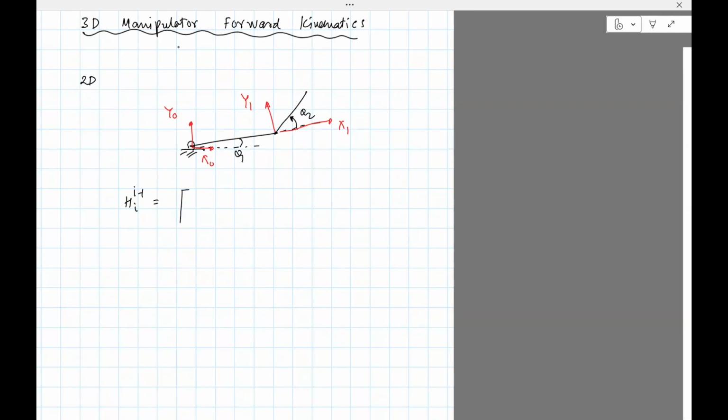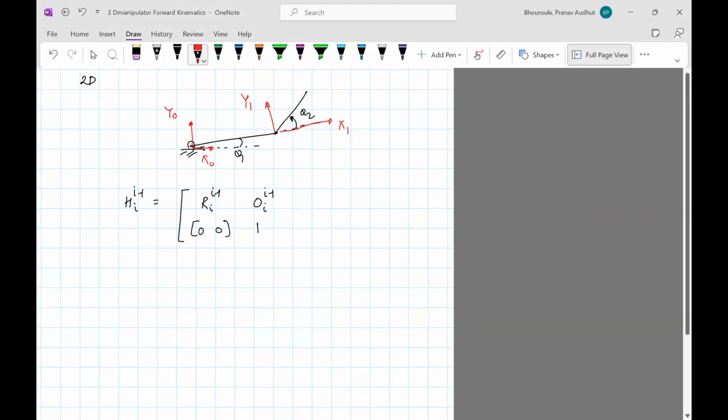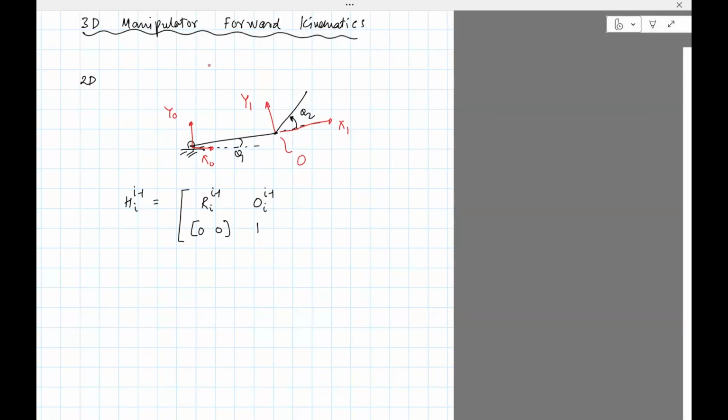as R_i^(i-1), o_i^(i-1), then two zeros, and then a 1. So this is, for example, O1 with respect to 0. We can write this as O_i with respect to i minus 1.